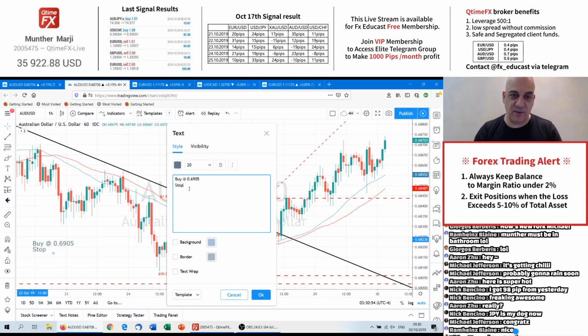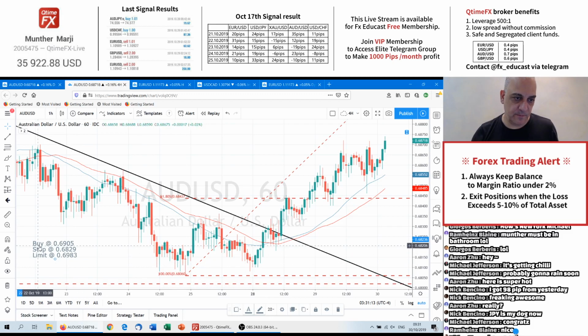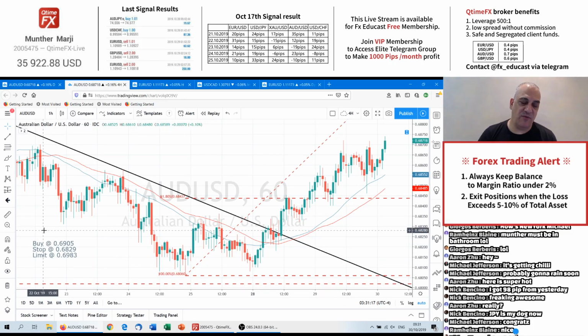Stop, we said 15 pips below the 44, so it's going to be 29. Stop at 68.29 and limit at 69.83. This is my Aussie dollar recommendation for the day.